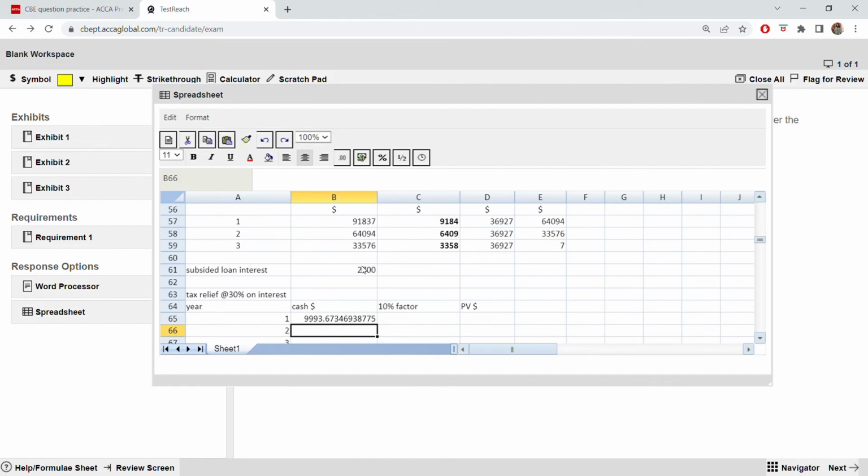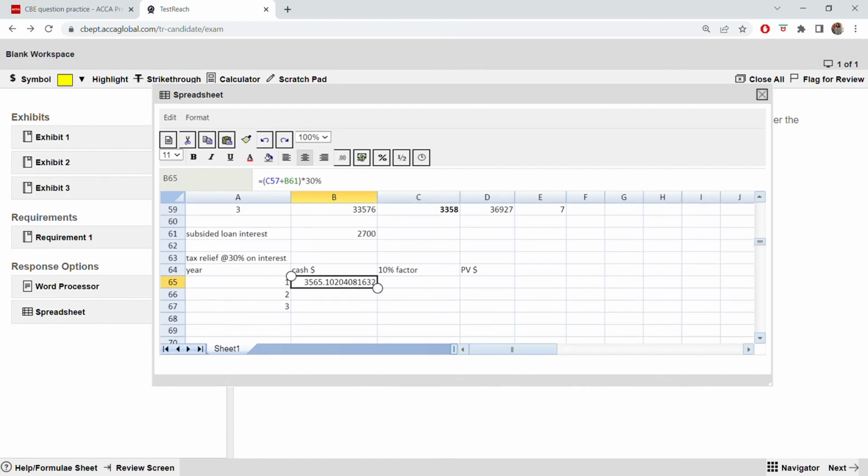It is wrong. Why? You need to put a bracket when you're multiplying, because first both need to be added, then you have to take 30% of it. Now you see? The answer is 9 something. How can it be bigger than this interest, right?